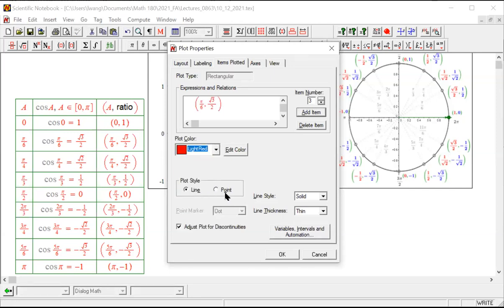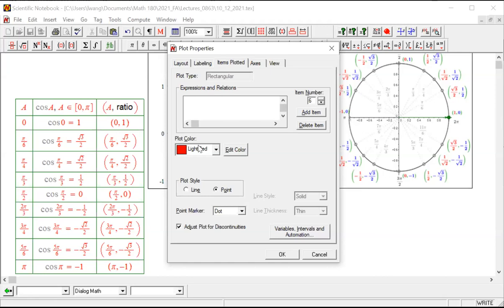Okay, so that's red dots, red dots and 0, 1. 4 pi over 4. This is root 2 over 2.